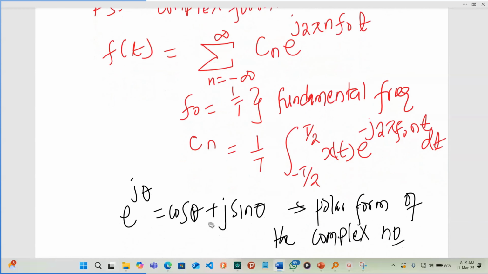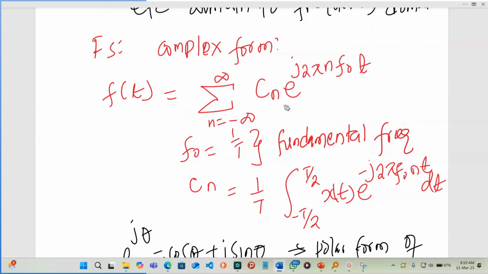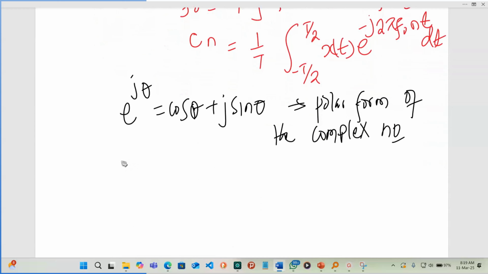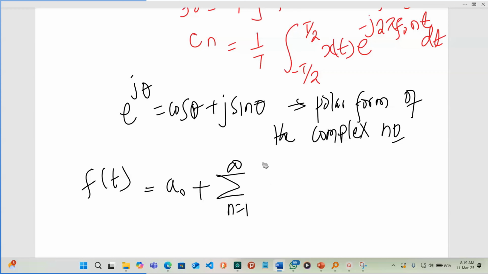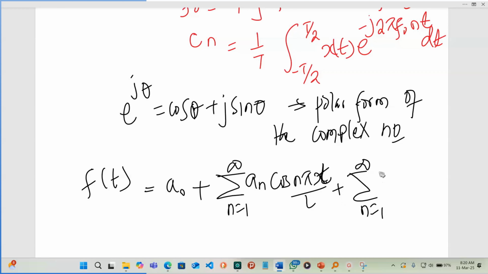If I bring this back, it takes me to the other form, f of t equal to a naught plus the sum from n equals 1 to infinity of a n cos n pi t over T, plus the sum from n equals 1 to infinity of b sub n sine n pi t over T. You can see it has some resemblance.